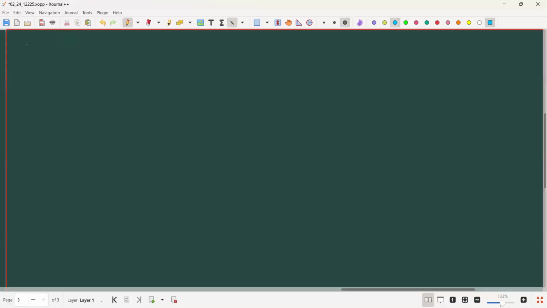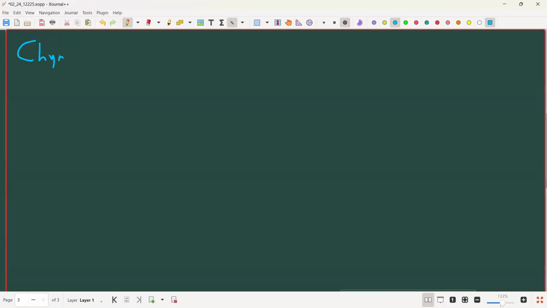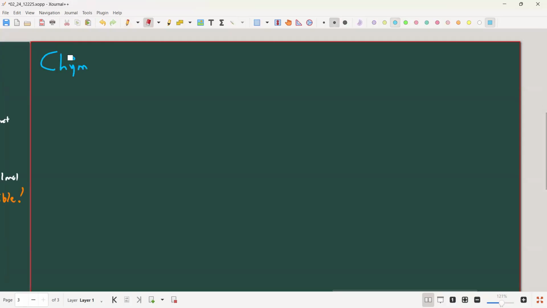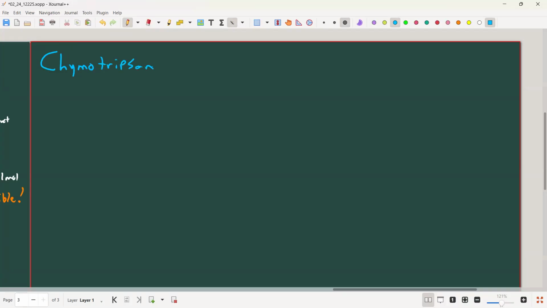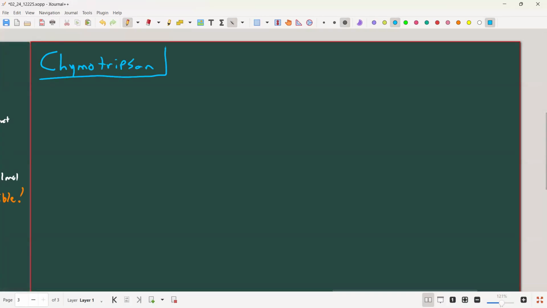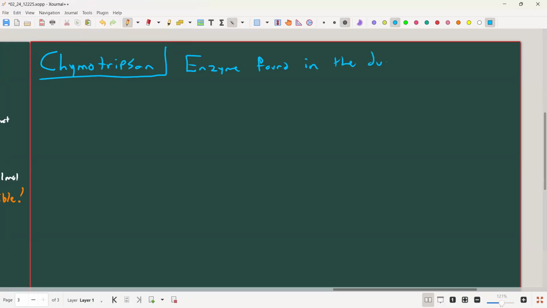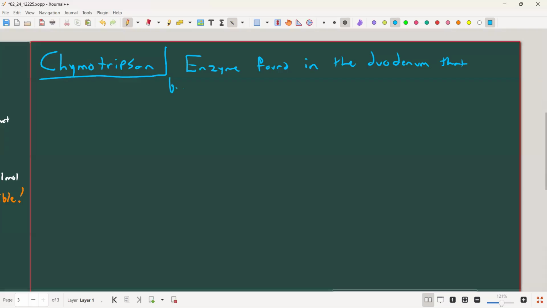And first, we need to think a little bit about what reaction this enzyme does. So the one I want to look at is what's called chymotrypsin. This is an enzyme secreted by, as I said, found in the duodenum that breaks down proteins.